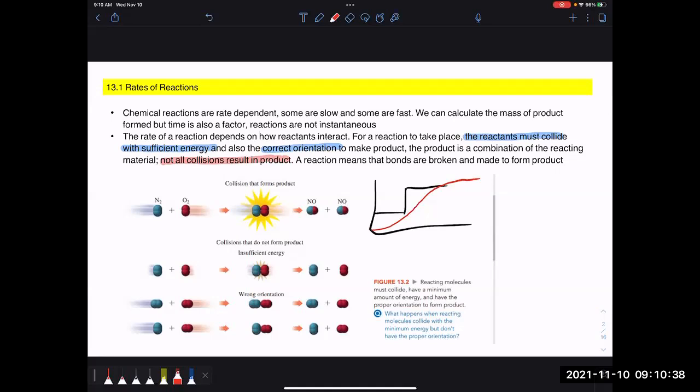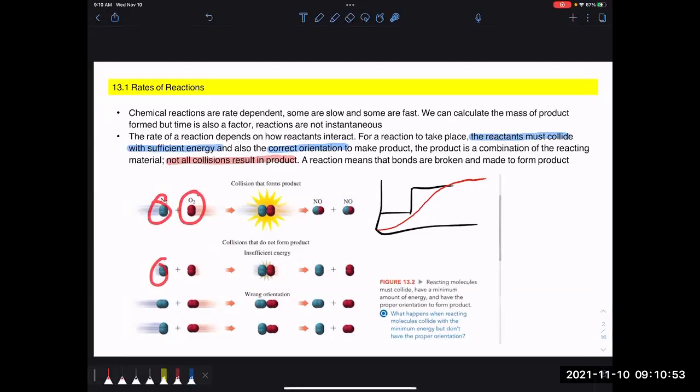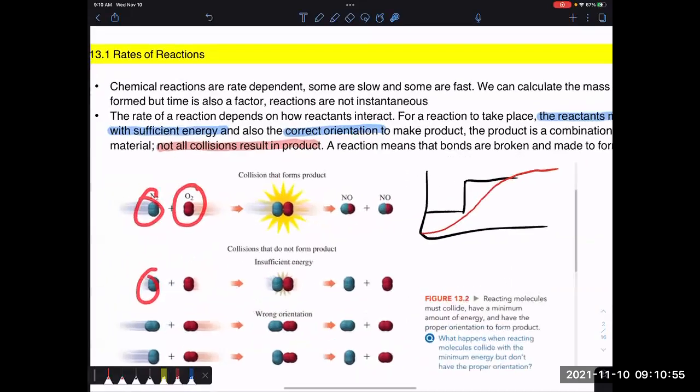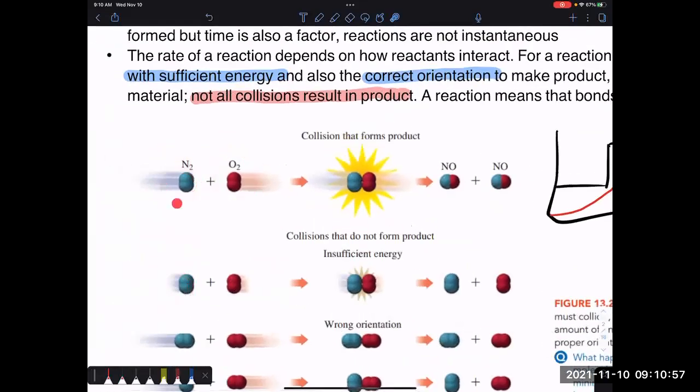In at least reactions like this, where we have two things coming together to form a new product, these ones are not reacting. The bonds between the nitrogen and the oxygen have to be broken in order for these new bonds to be formed.